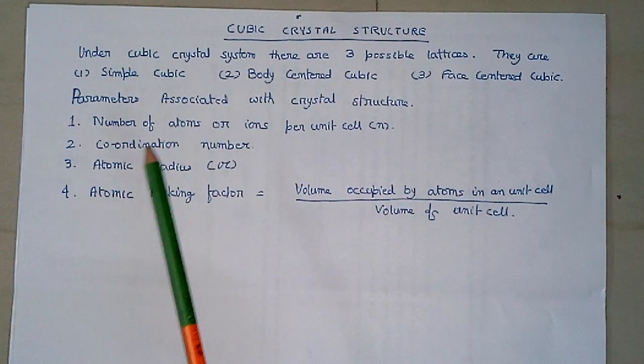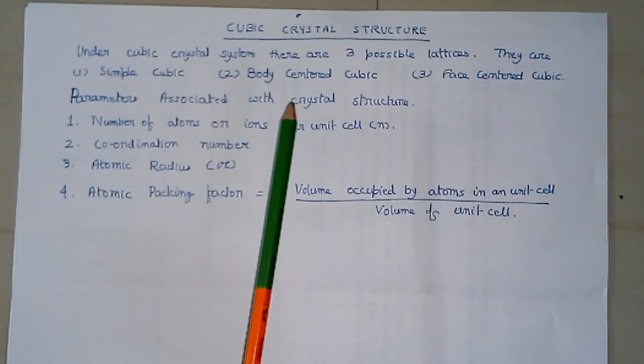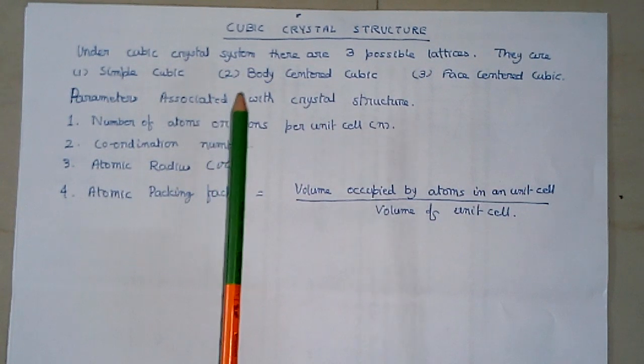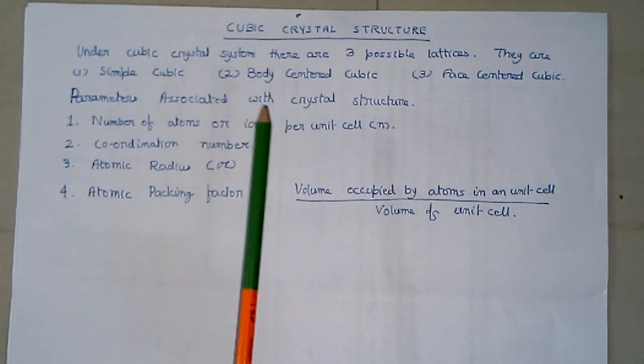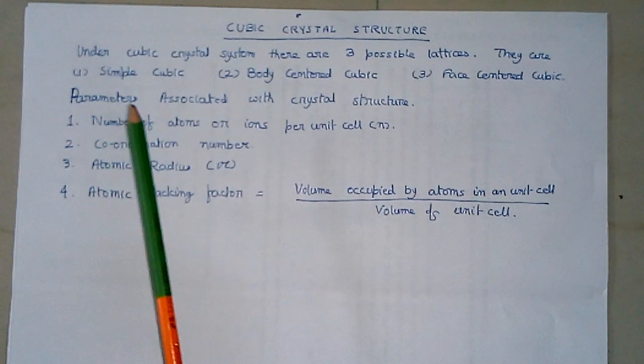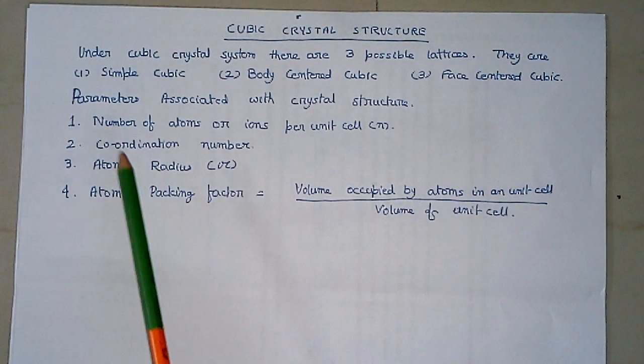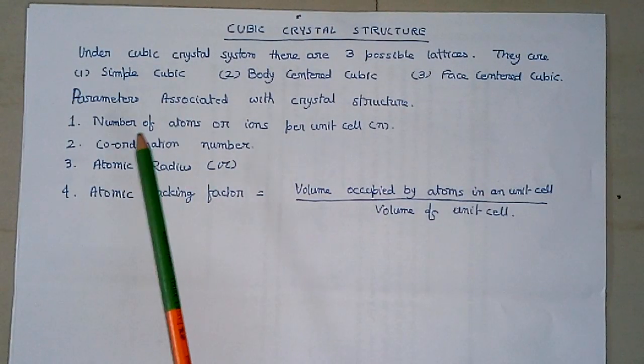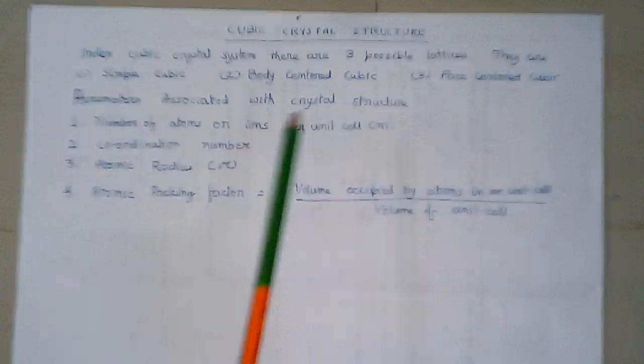To study these three cubic structures, we have to discuss certain parameters associated with each crystal structure. We will calculate the number of atoms or ions per unit cell.